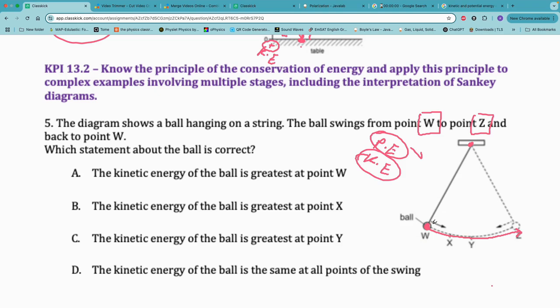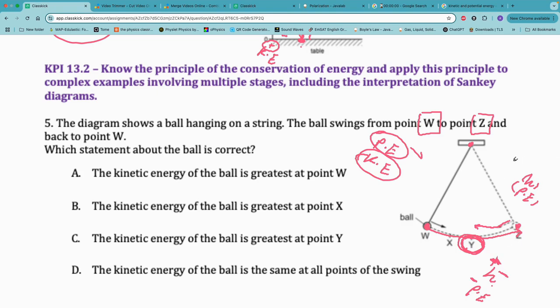So while swinging, going to Z, which is the highest point, potential energy is going to be the highest. While passing by this point, which is the lowest point, height decreases, potential energy decreases.